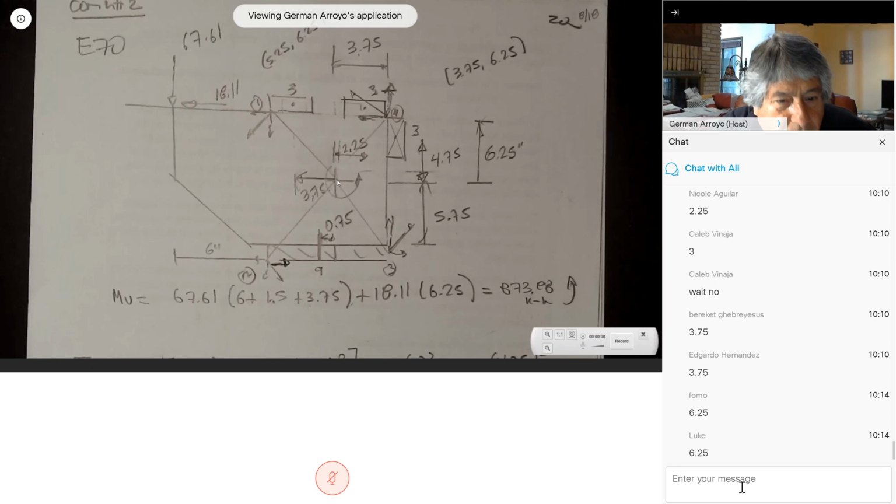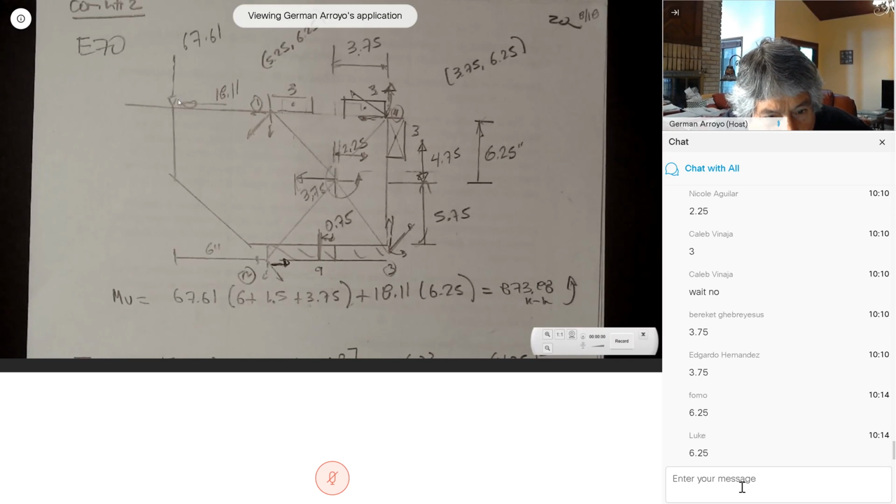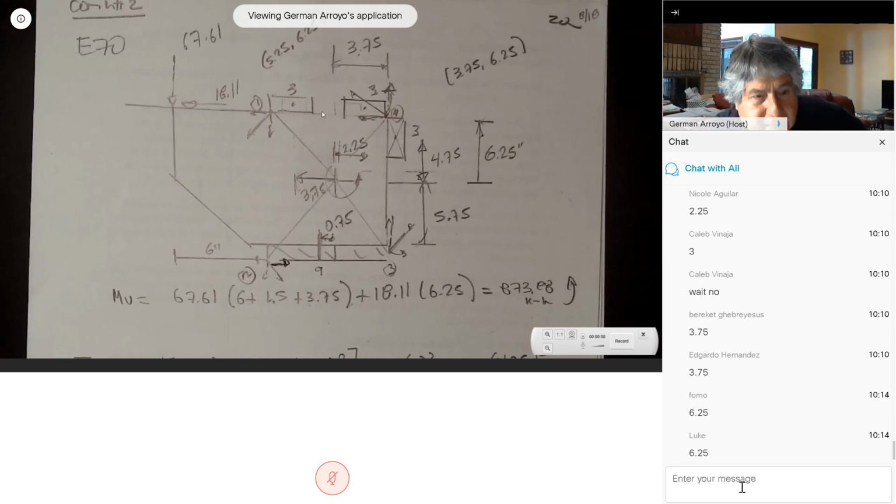So this distance from here all the way to this line is the 6 inches, plus this distance that is 1.5, plus this distance that is 3.75.